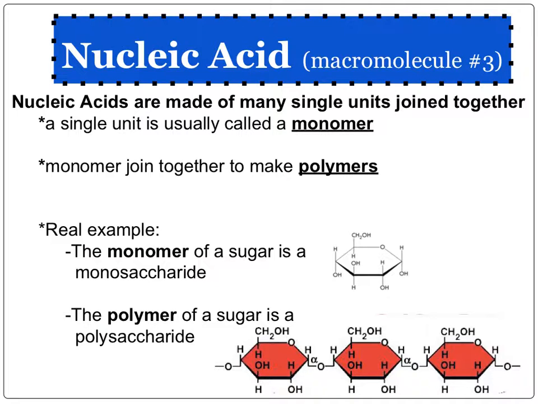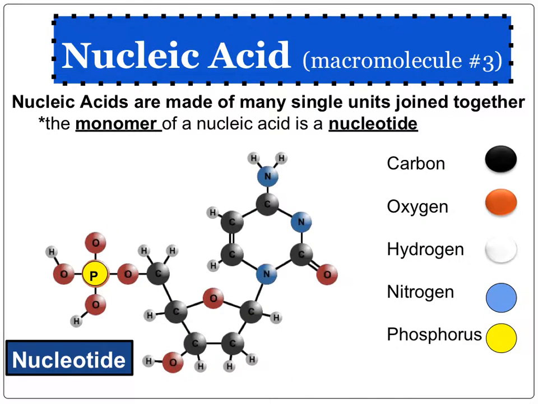But getting back to nucleic acids directly, they have their own monomer, and it is called a nucleotide. And this monomer looks complex, but I'm just showing you this so you can see all the atoms are present. Carbon and oxygen.